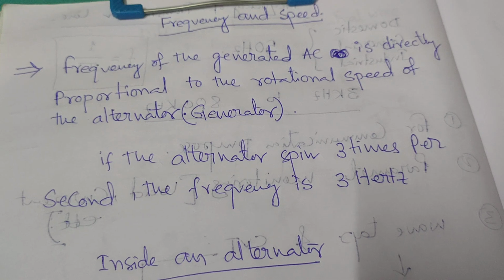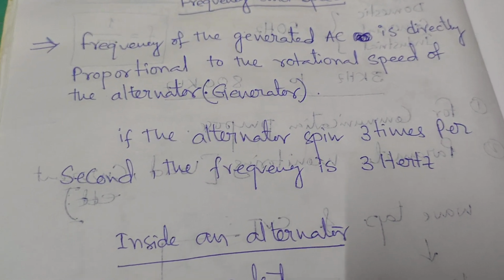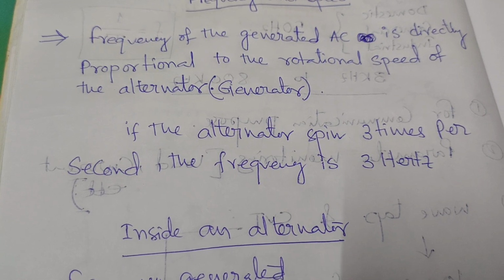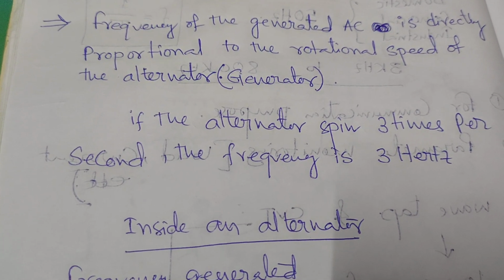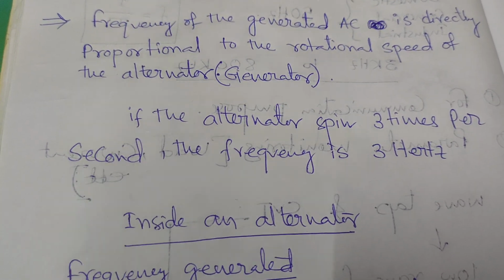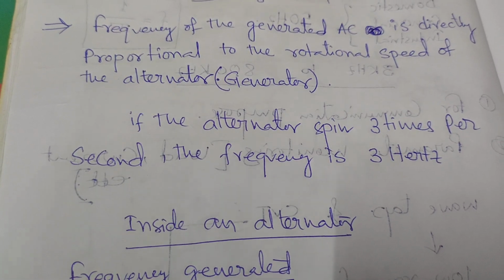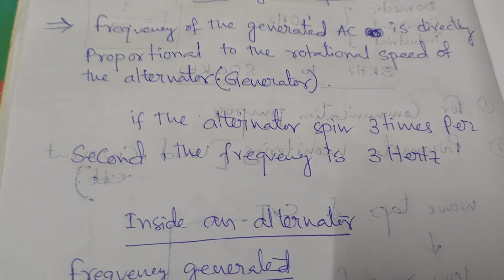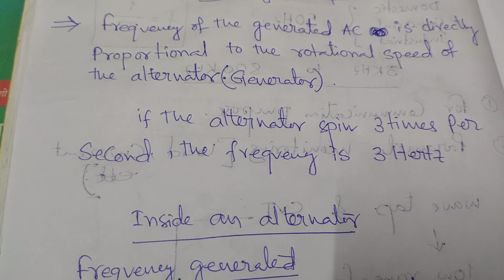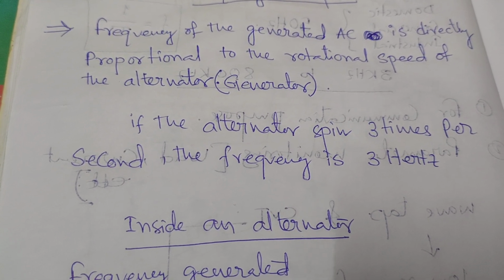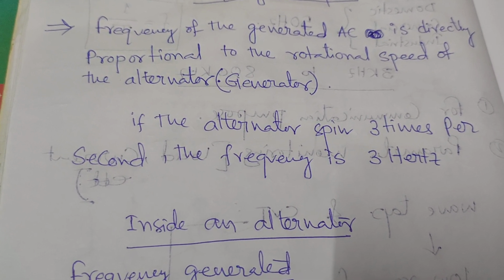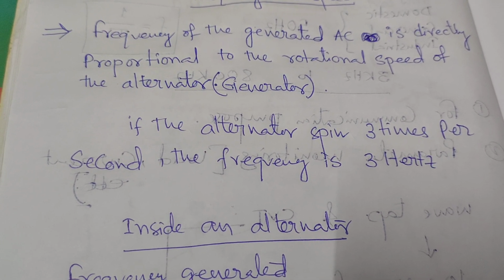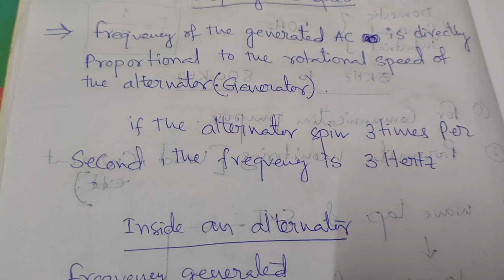Inside the generator, the stator is the static coil or static winding, and the rotor is the rotating coil or field winding. When a rotating magnetic field is formed inside the alternator, the electricity, current or voltage is generated in the stator winding.